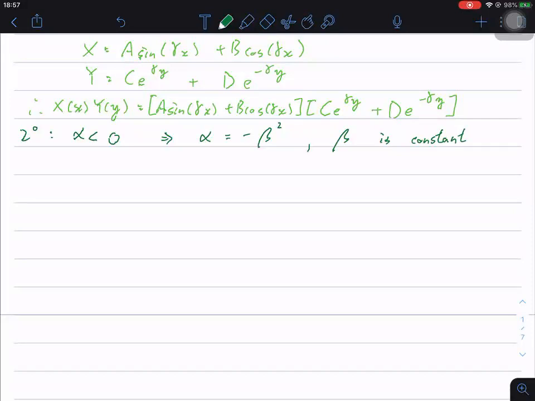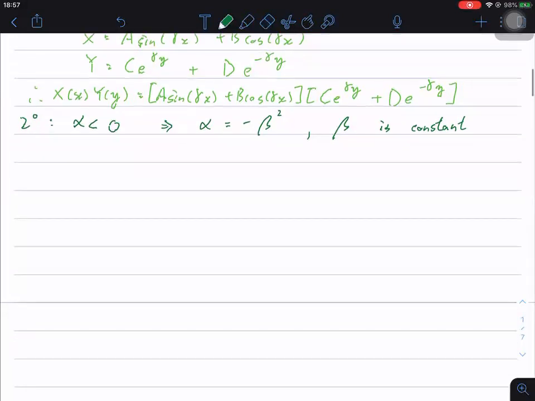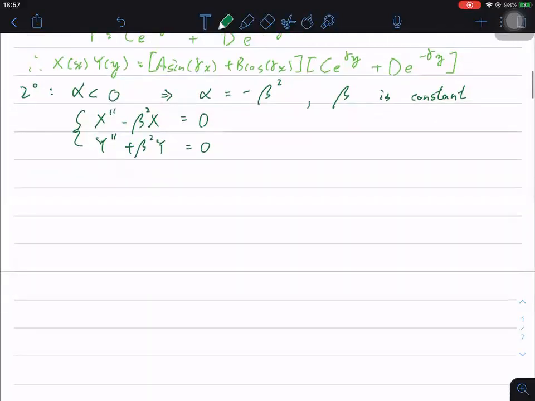So again, by substituting alpha equal to minus beta square, we can obtain the same two equations. But this time, instead of plus gamma square on the first equation, we have minus beta square in the first equation. So the solutions of the two equations are basically swapped.